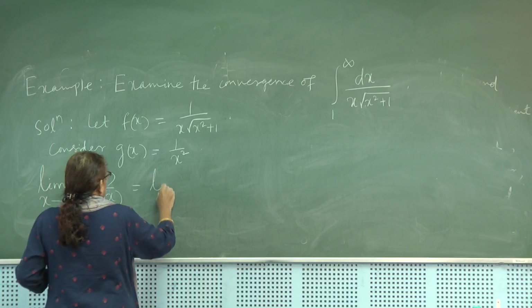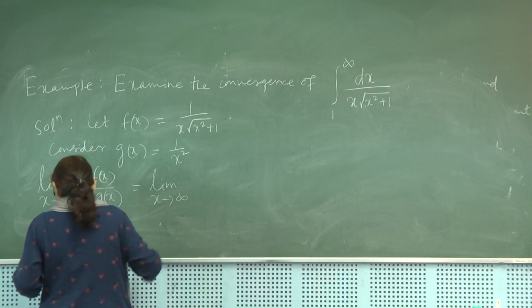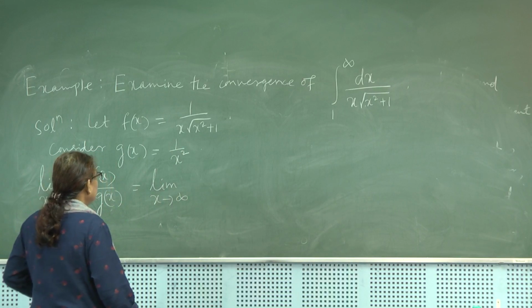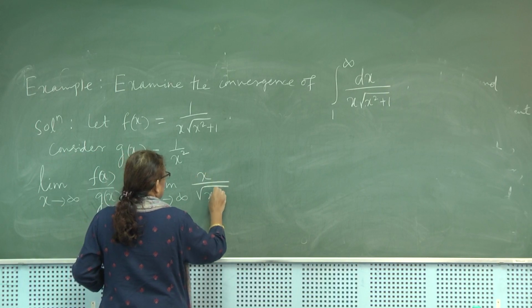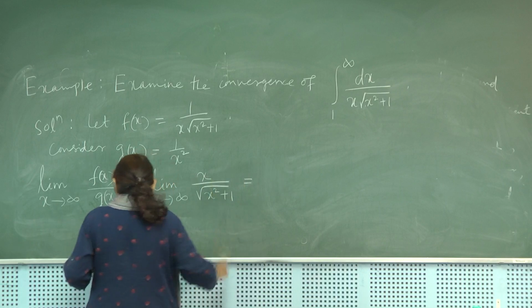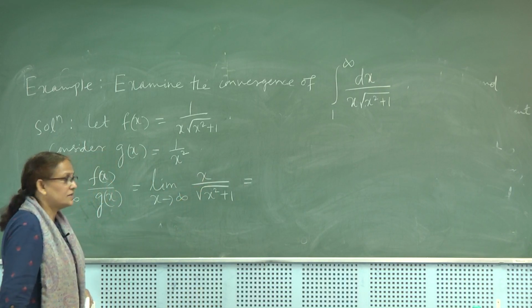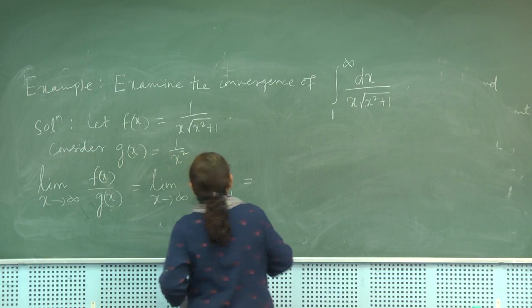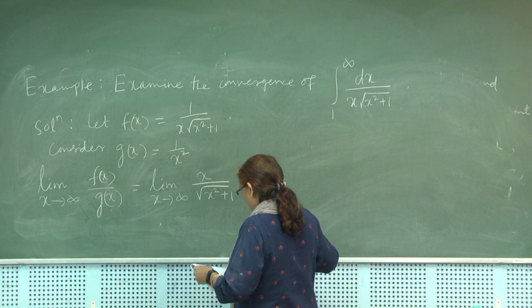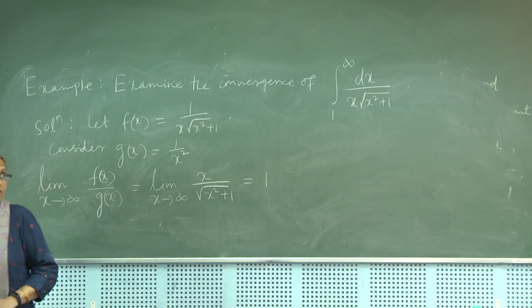Well, by substituting these functions here, we get the limit x tends to infinity of x by square root of x square plus 1, and after simplification, you can divide by this x and take it inside, you get this limiting value, that is easy to obtain, that value is equal to 1.